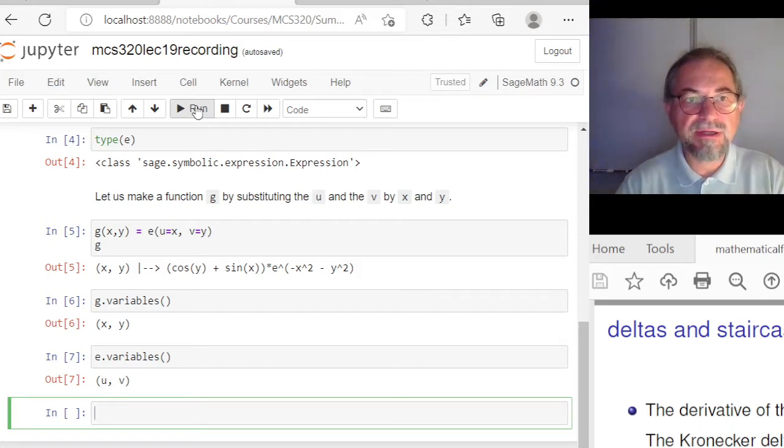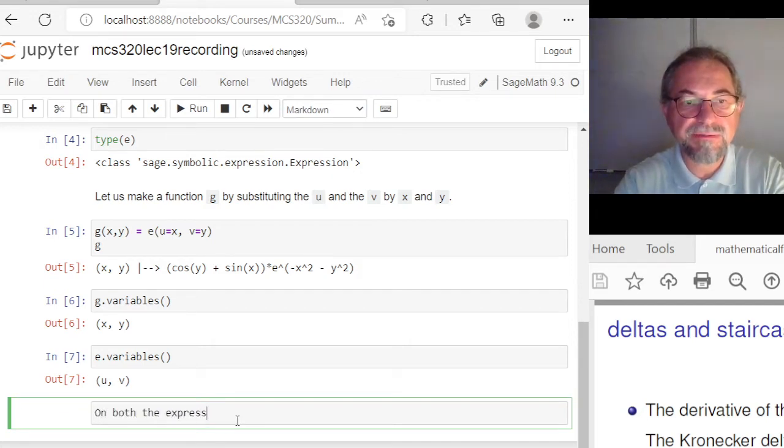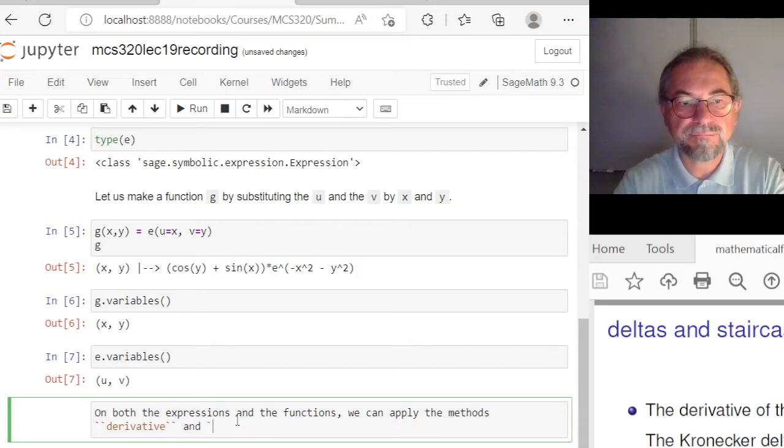So we can take derivatives. Why is it important to work with a mathematical expression? On both the expressions and the functions, we can apply the methods derivative and integral. So they are methods.